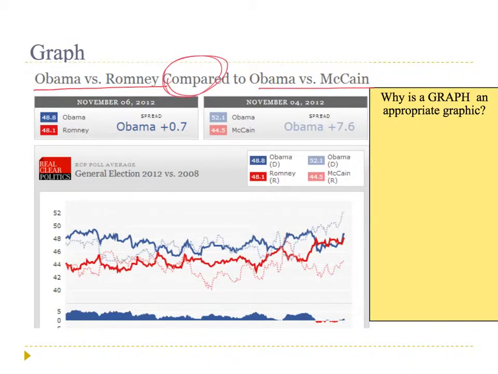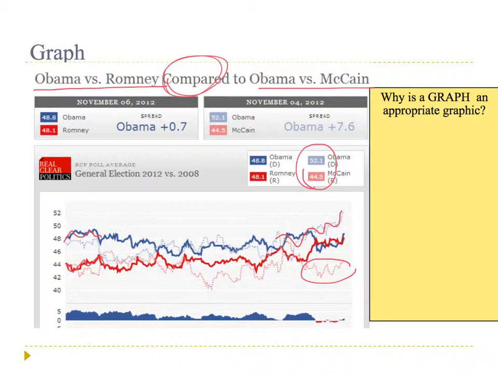Here I see that the lighter ones are these dotted lines. McCain is the dotted red, Obama is the dotted blue. Then this darker line here is Obama versus Romney.